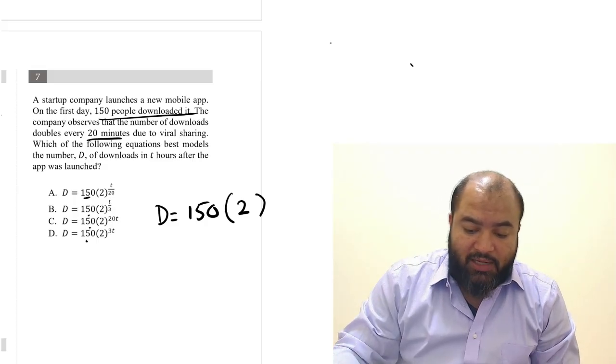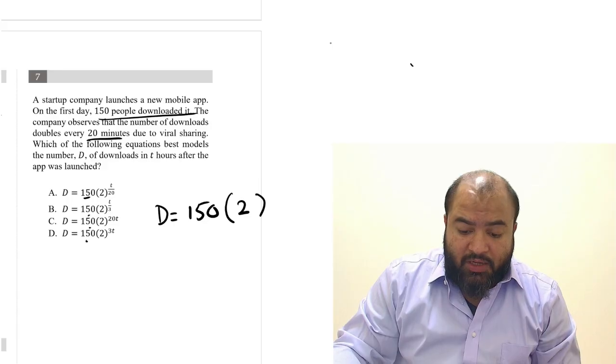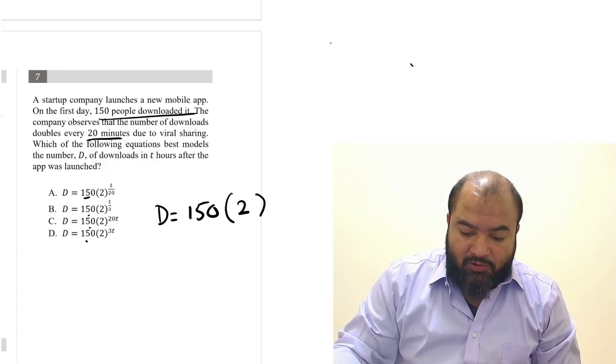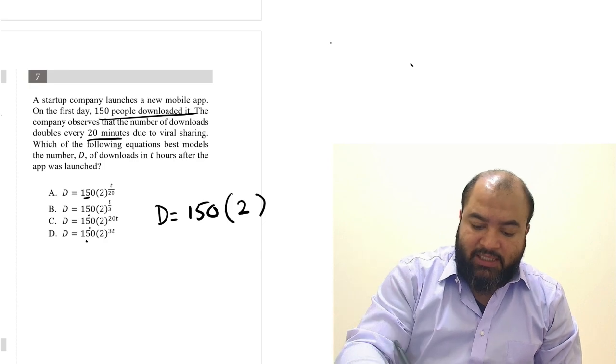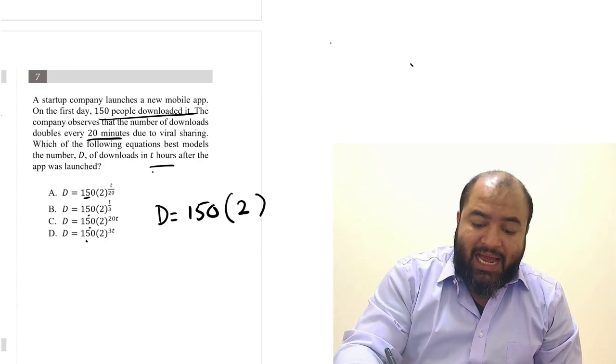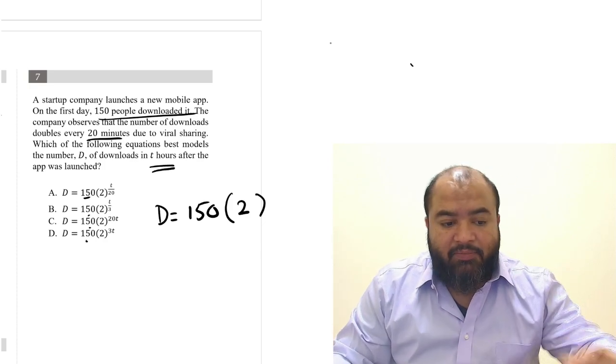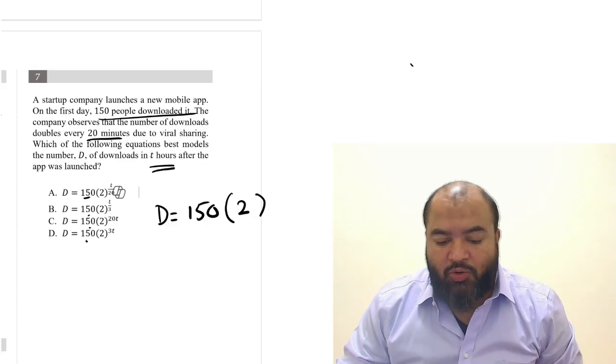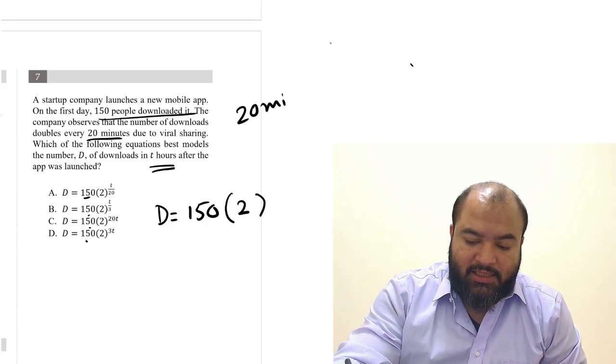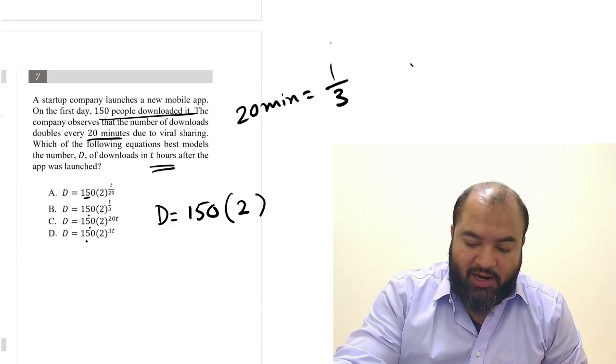Okay, every 20 minutes. Now, first of all, you have to see what T stands for. Which of the following equations best models the D of downloads in T hours? T is the number of hours. So 20 minutes means 1/3 of an hour.